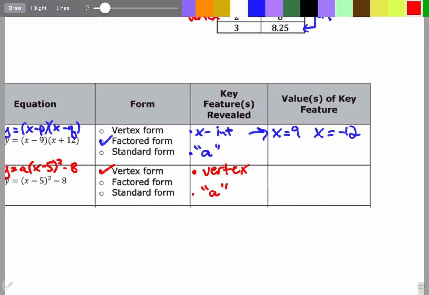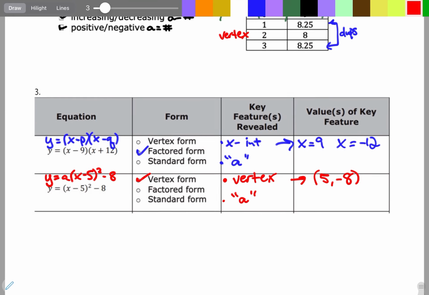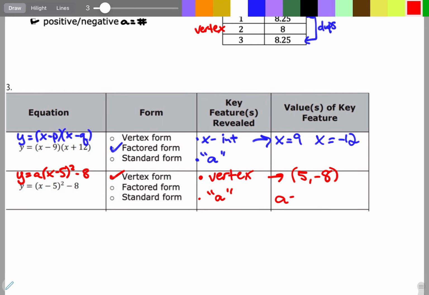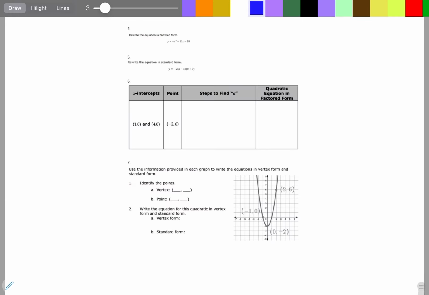And the vertex is going to be 5, negative 8. And the a value is 1. Same thing up here, a is equal to 1. Moving on.